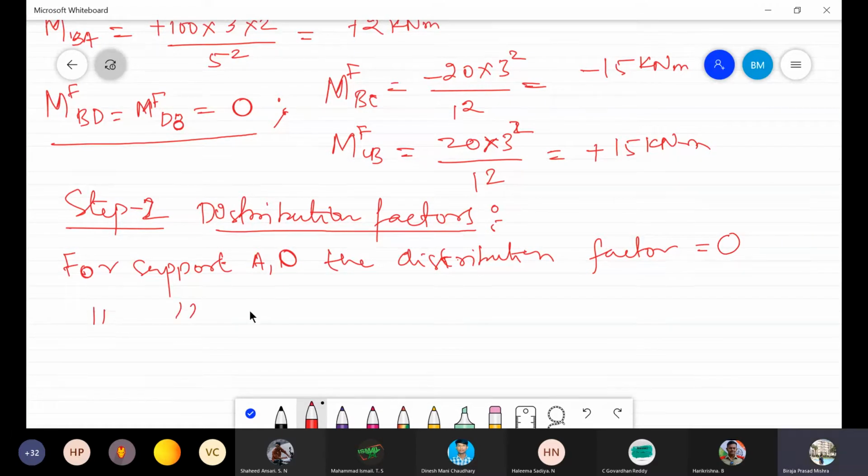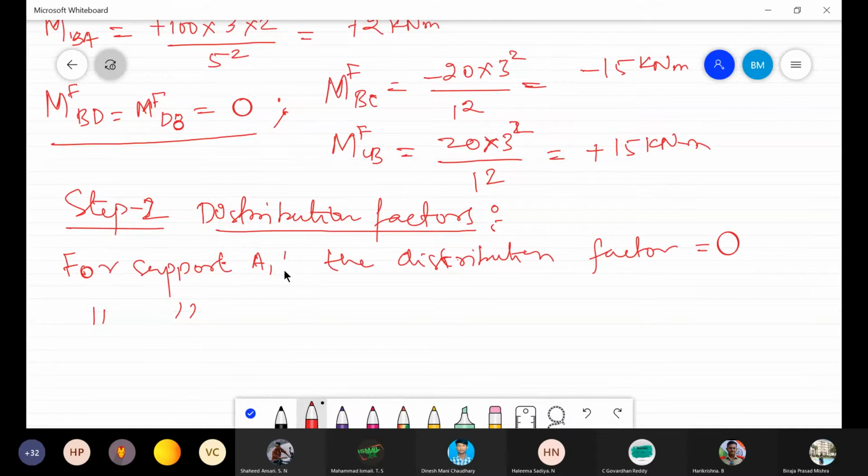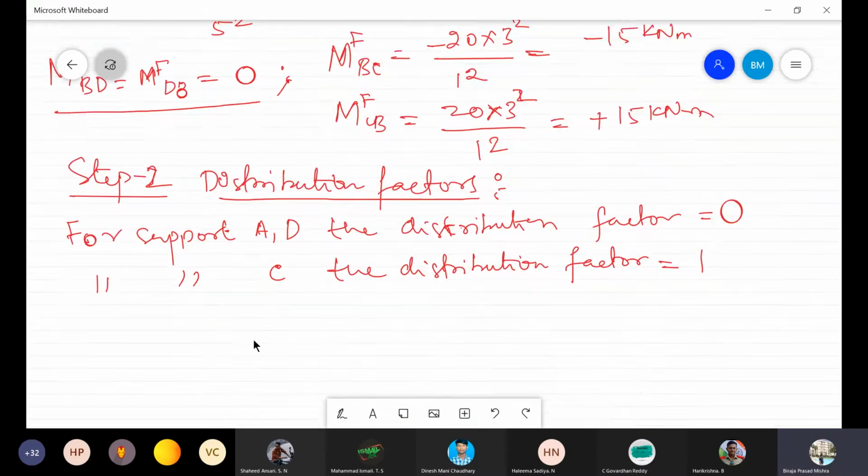For support, this is D actually. For C, the distribution factor equals to 1.